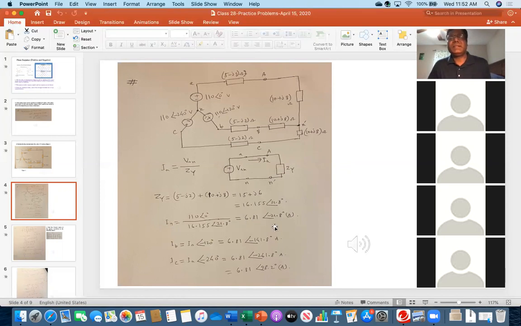So therefore you see here, IA has angle minus 21.8 degree. So then minus another 120, minus 141.8 degree. Similarly, for C phase, minus 240. Therefore, finally it is minus 261.8, or in other words, in clockwise, 98.2 degree.